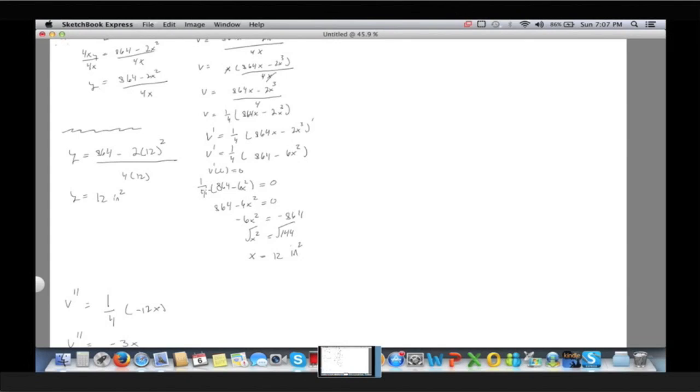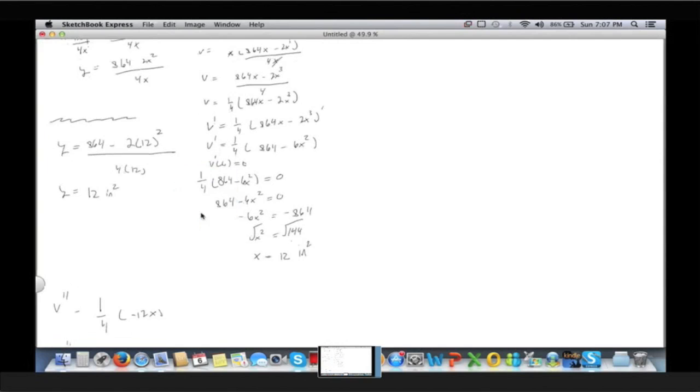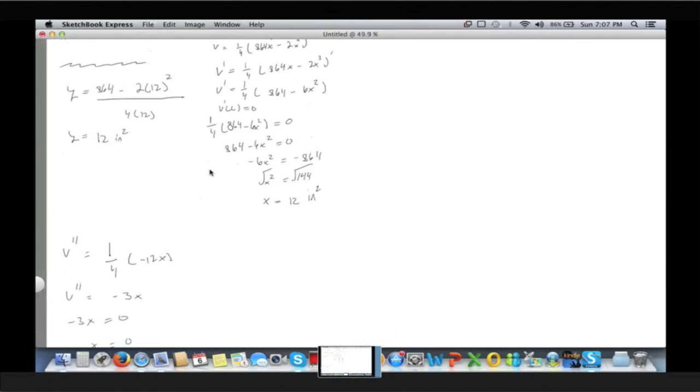So remember the purpose of taking the second derivative. We know that x equals 12 is a critical number. That means it could be a maximum, or a minimum, or neither. Now we want to apply the second derivative test to test which it is, and that's where we got confused. So how do we use the second derivative test?